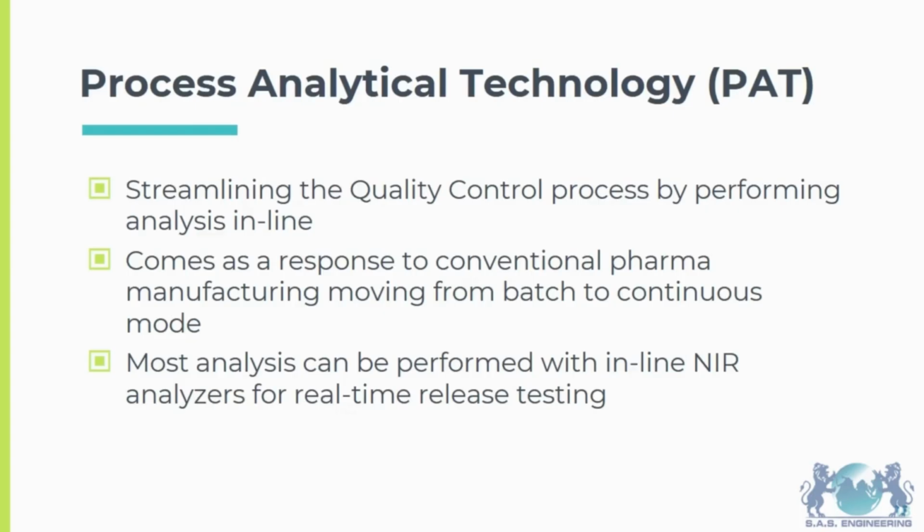So this comes as a response to your conventional pharmaceutical manufacturing moving from batch processes to continuous process mode, because for the longest time, it has been the convention to operate pharmaceutical manufacturing in batch mode, as people assumed that this was a more hygienic way to run, and it was much easier to control releases in line with your quality control tests.